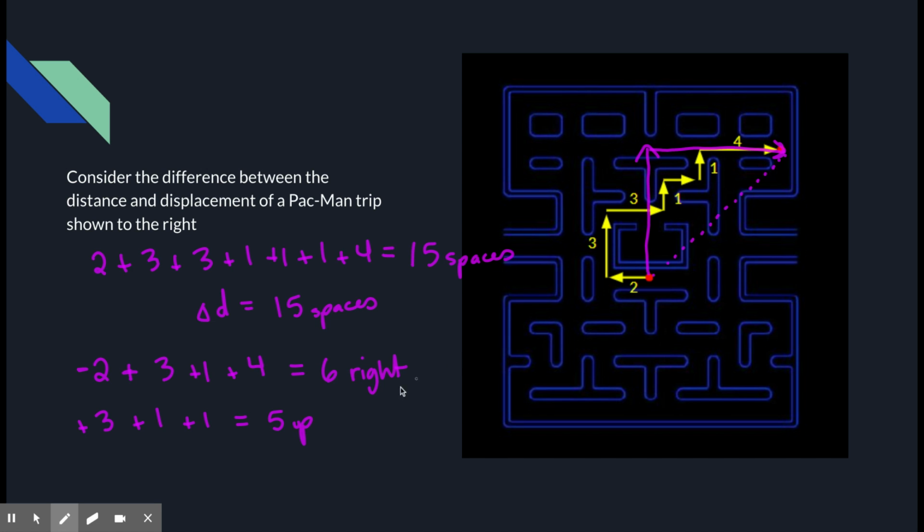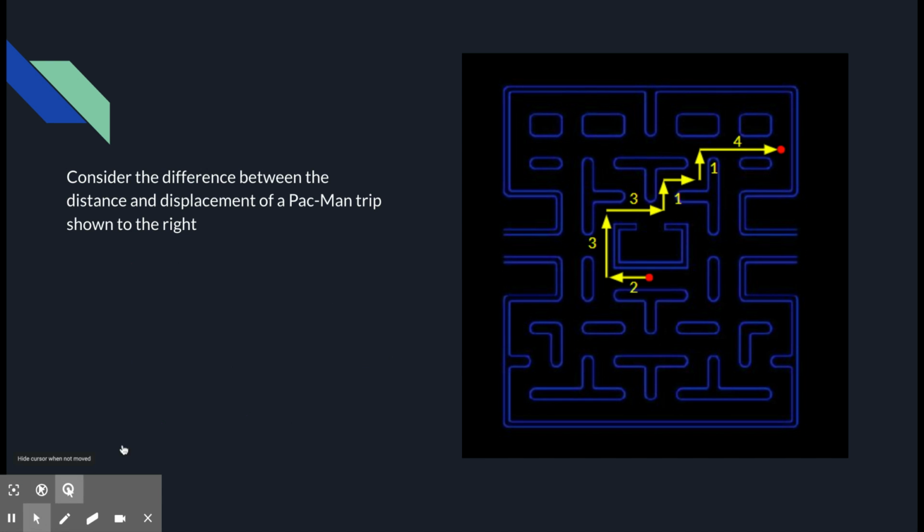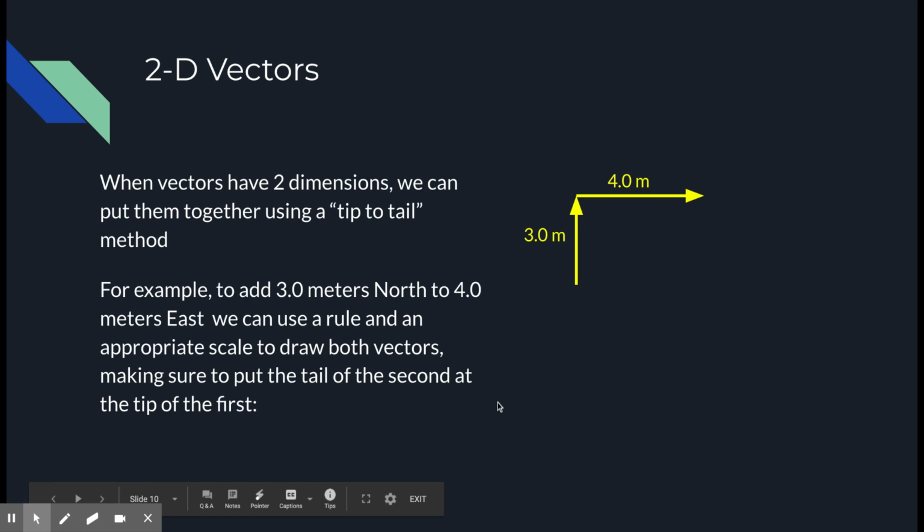And that little arrow right there is what we call a 2D vector, which you'll see more in Physics 20. If vectors have 2 dimensions, we put them together using a tip-to-tail method. Let's say you went 3 meters north, and because it has 2 directions, then they went 4 meters east.